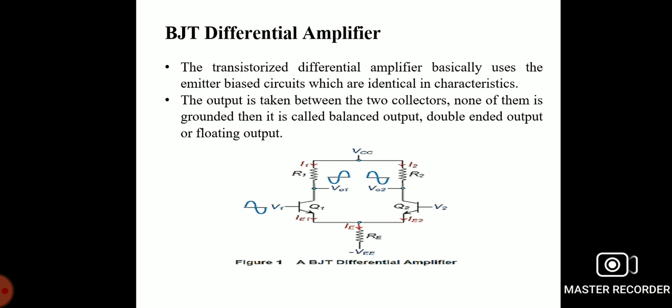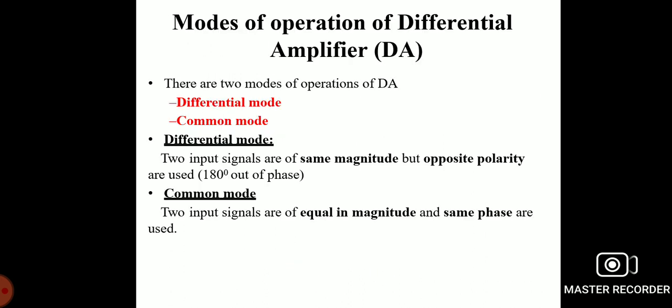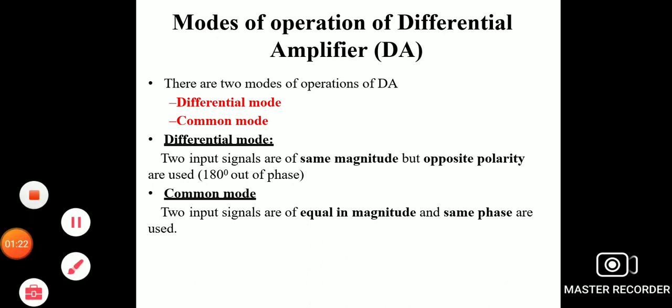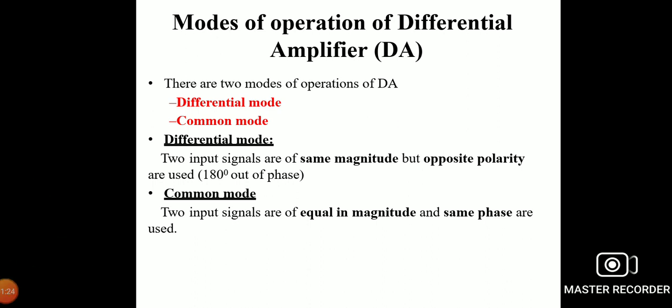Now, what are the modes of operation in a differential amplifier? There are two different modes: the differential mode operation and the common mode operation. In the differential mode operation, the two input signals are of the same magnitude but opposite polarity.